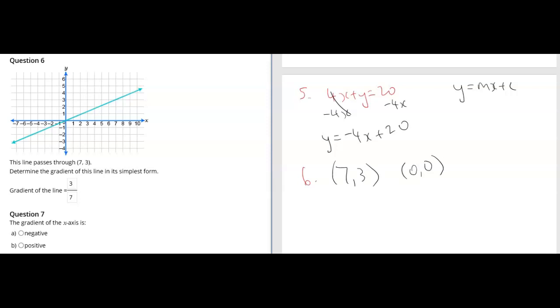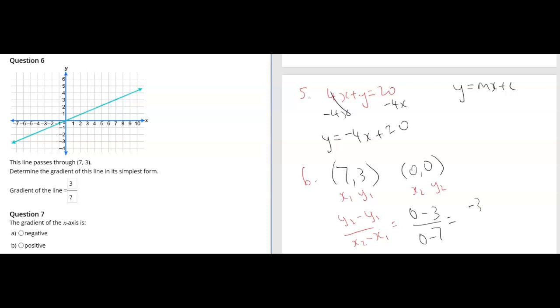So just like we used before, the gradient formula, I'm going to allocate x1, y1, x2, y2, and just write down my gradient formula. All right, so my value of y2 is 0, y1 is 3, x2 is 0, x1 is 7.